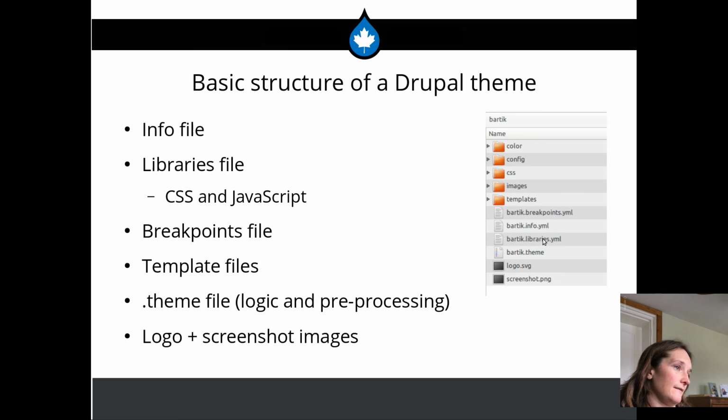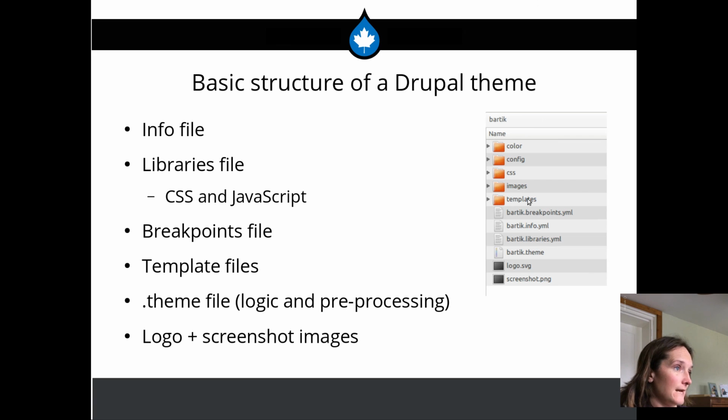All of our metadata files have the .yml extension here. We have a libraries file that includes all your CSS and JavaScript, and we'll talk more in a few minutes about what a library actually is and why we're doing it that way. Bartik has a breakpoints file, and again, I'll explain a little more what that is. It's really optional, and you don't need it unless you're implementing a module that needs it.